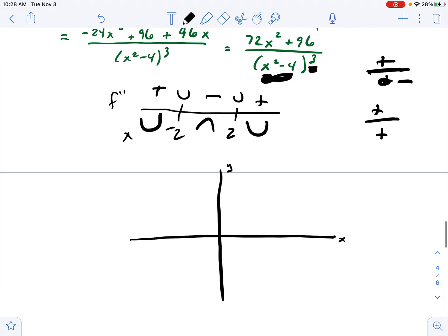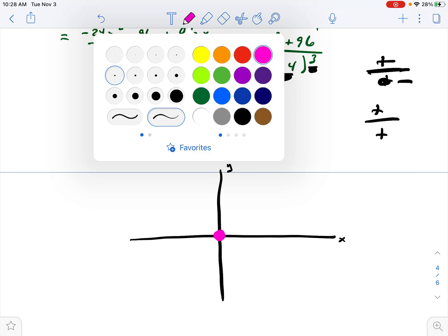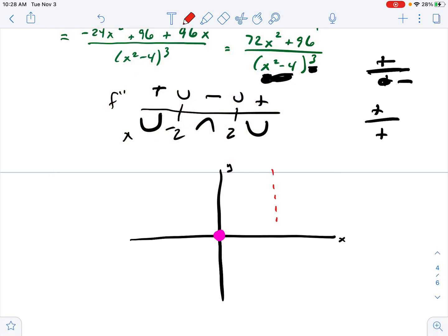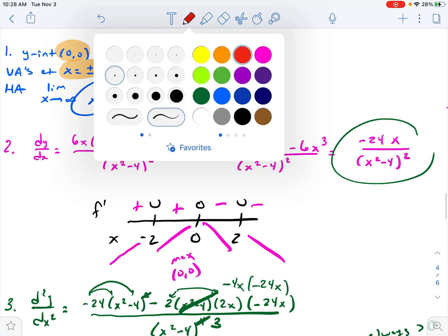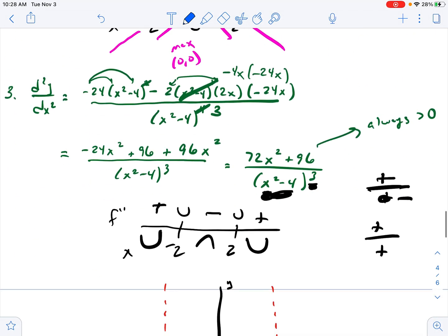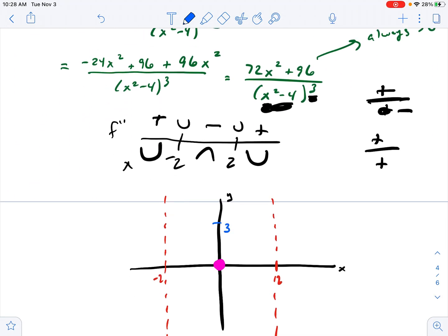So once again, looking back, we had an intercept of 0, 0. Asymptotes at plus or minus 2. And a horizontal asymptote up at y equals 3 this time.